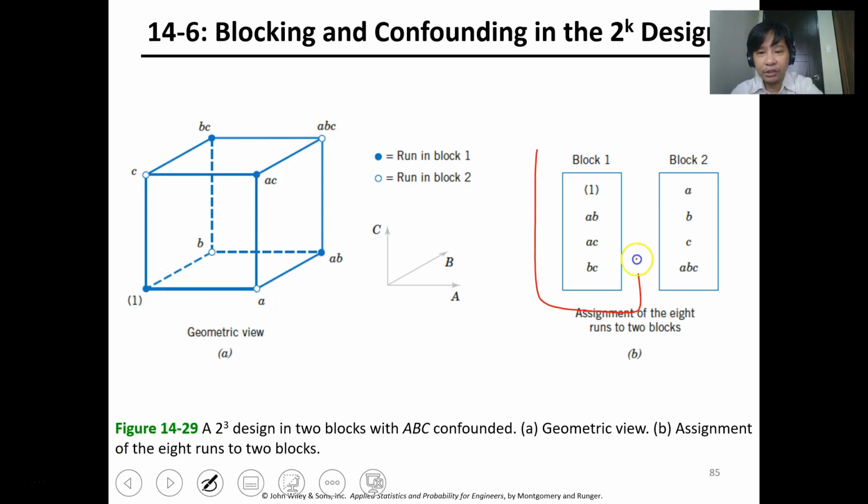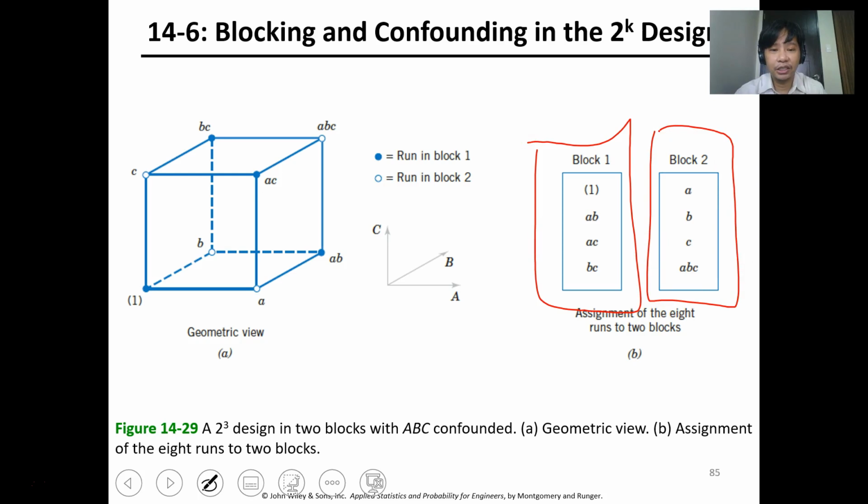You will apply this experiment and that experiment to a different set of samples. You don't run all the combinations on one set of samples. When we say ABC confounded, you combine the ABC individual effect with the triple effect, and the combined effect is coupled with the block effect. That is confounding.